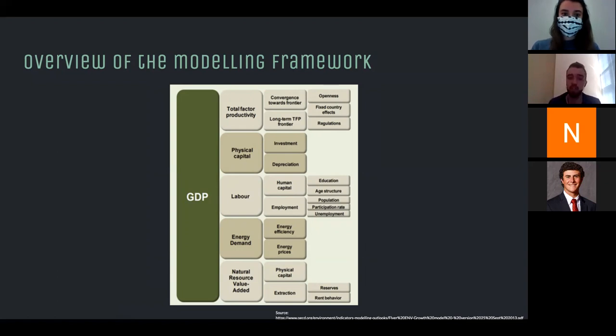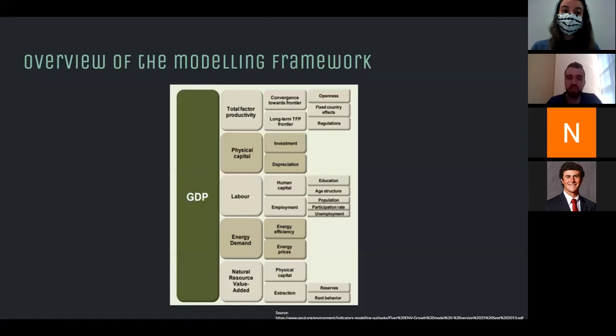So we can see also total factor productivity, physical capital, labor, energy demand, and also natural resources. Also very important is human capital, also education, and also oil, gas, and things like that, which are taken into account and make up the whole concept of the ENV growth model.